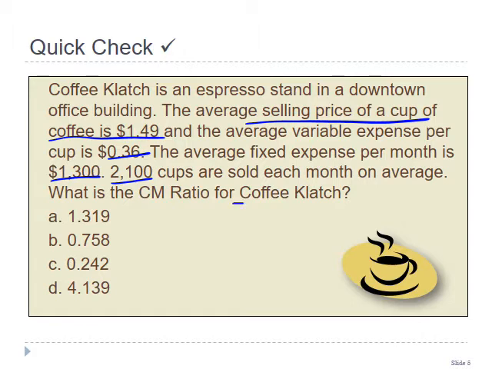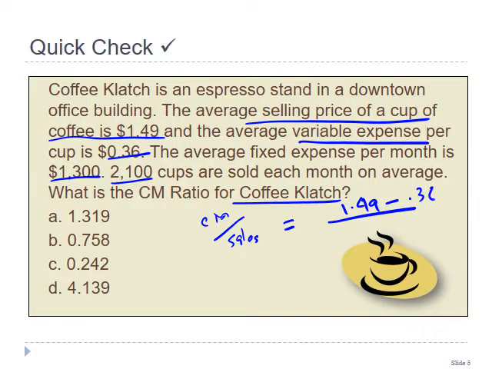So what is the CM ratio for Coffee Clutch? We know that the CM ratio is equal to CM divided by sales. So we can find it on a per unit basis: the CM per unit is the sale price, 1.49, minus the variable cost, 0.36, and you just divide it by 1.49, which is your sale price.